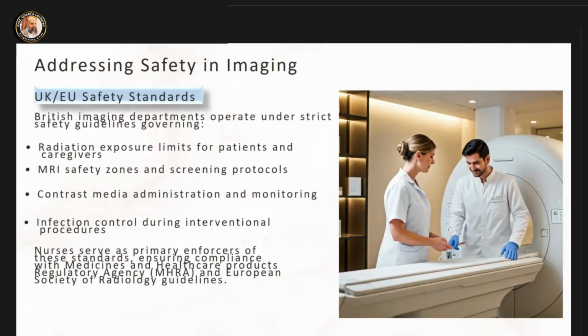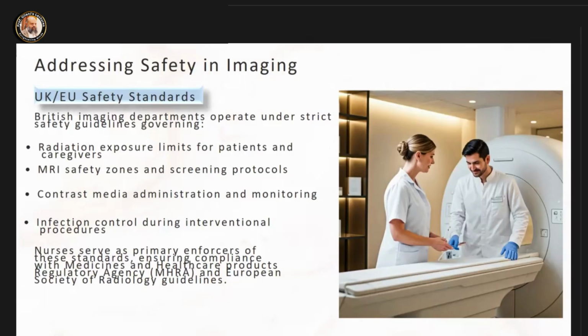So the nurses serve as primary enforcers of these standards, ensuring compliance with Medicines and Healthcare products Regulatory Agency and European Society of Radiology guidelines.